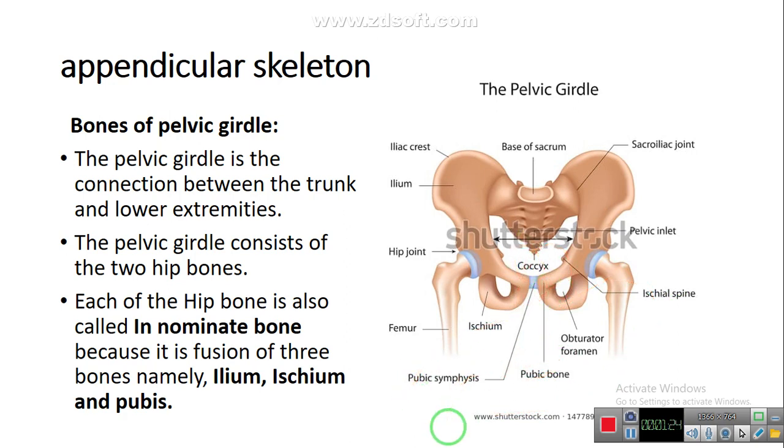Each hip bone is also called the innominate bone because it is the fusion of three bones: the ilium, this part, the ischium, this part, and the pubis, the pubic bone. These three bones are fused together to make each hip bone, also known as the innominate bone, and the pelvic girdle consists of the two hip bones.